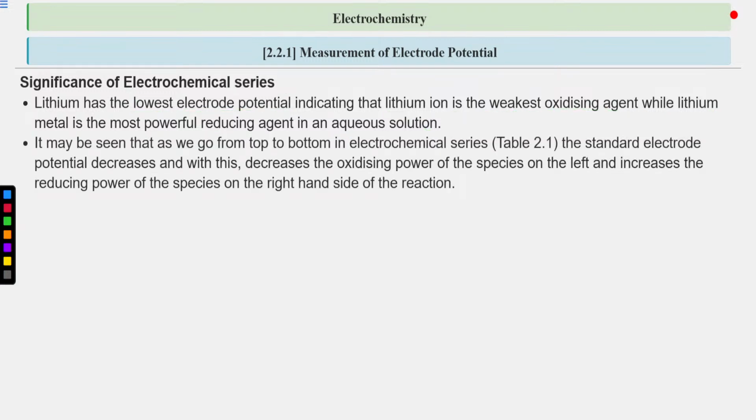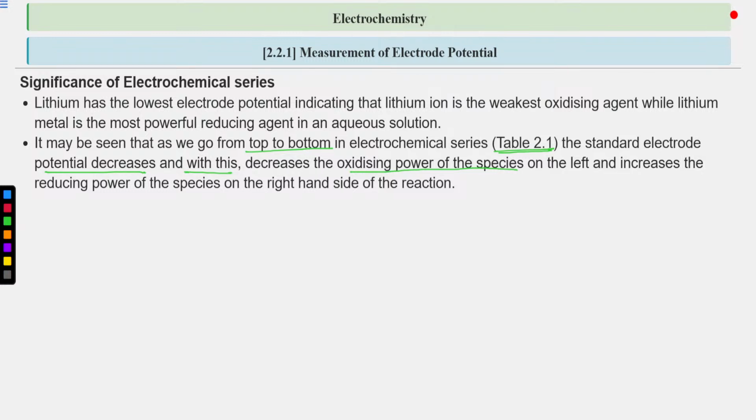It may be seen that as we go from top to bottom in the electrochemical series, which is marked as Table 2.1 in our NCERT textbook, the standard electrode potential decreases, and with this decrease the oxidizing power of species on the left decreases and the reducing power of species on the right hand side of the reaction increases.